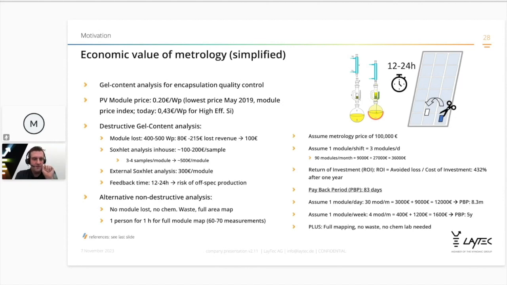But this would assume that you only test one module per week, which would be a really courageous approach. So this really pays off, and it comes up with a very low payback period in order to get your cost out of the system.